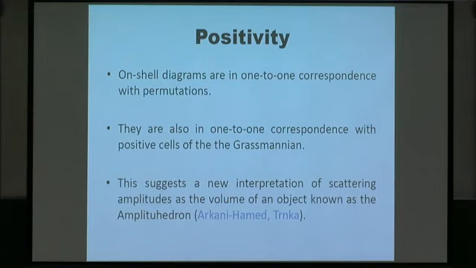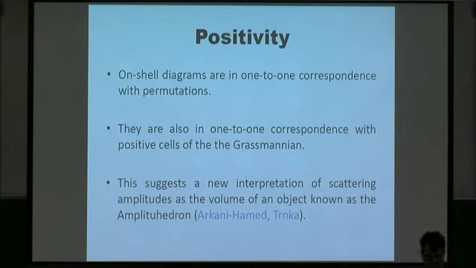And furthermore, it turns out that they're also in one-to-one correspondence with what are called positive cells of the Grassmannian. And ultimately, this gives rise to some very beautiful geometric interpretation for scattering amplitudes as the volume of some abstract object, which eventually obtained a very interesting name called the amplituhedron.